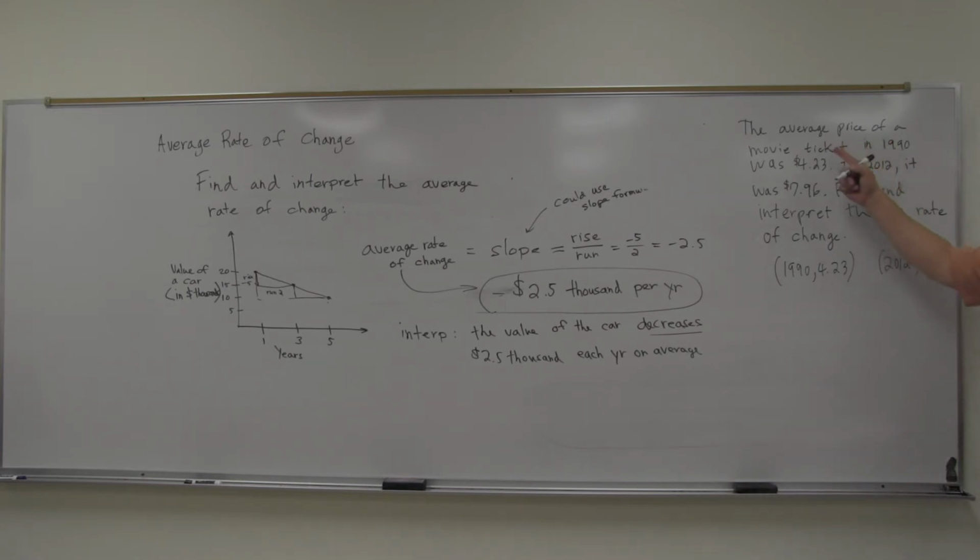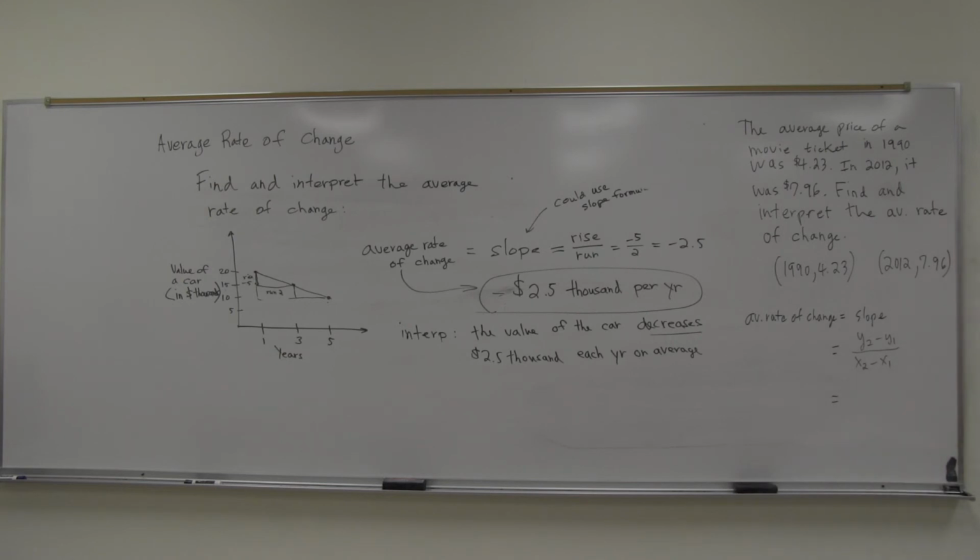So how do we get the average rate of change? Well, that's the slope. That's one way we can find it. So it's just asking for the slope, we're just asking it as the average rate of change. Since I've got the points, let's use the slope formula: y2 minus y1 over x2 minus x1.